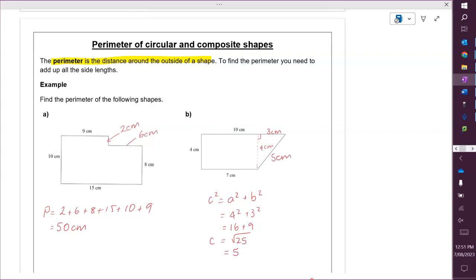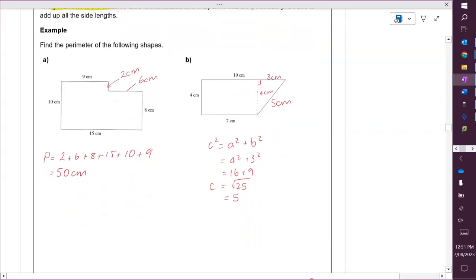Okay, with having that, I can then calculate the perimeter of my shape. So I have 10 plus 5 plus 7 plus 4, which gives me 26 centimetres. Again, being really mindful to put those units on the end. So they're our rectangular, easier shapes to work out, I would say.